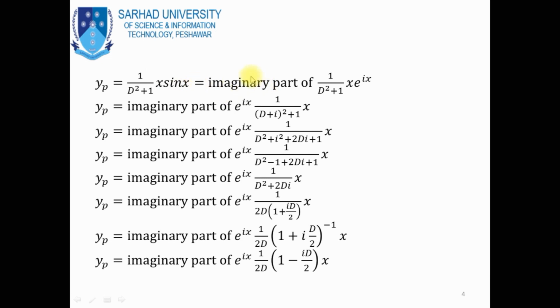We can write imaginary part of 1 over operator, inverse operator, into x e power iota x. But in the given question, if cos is multiplied with the polynomial, then we write real part of inverse operator into polynomial into e power iota x.